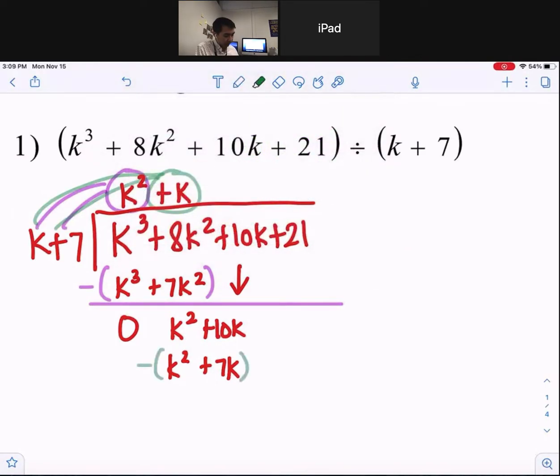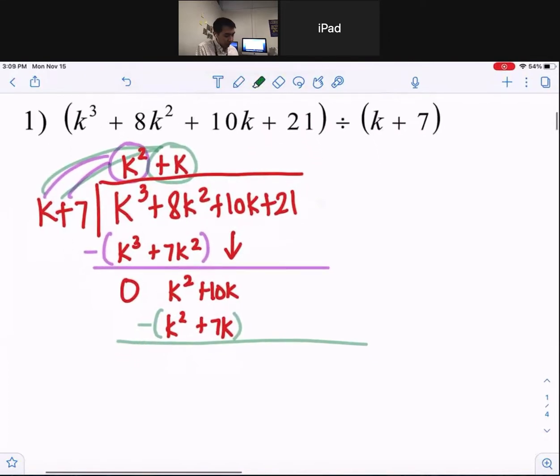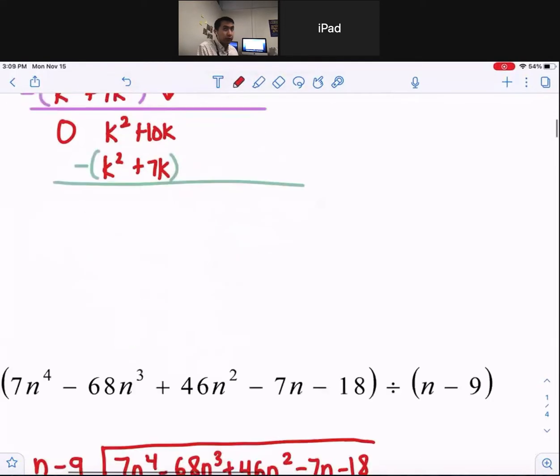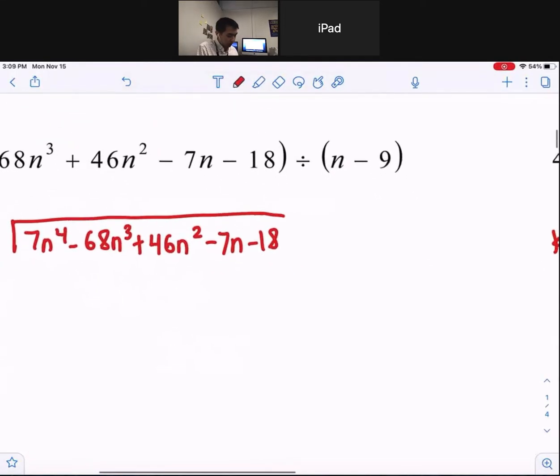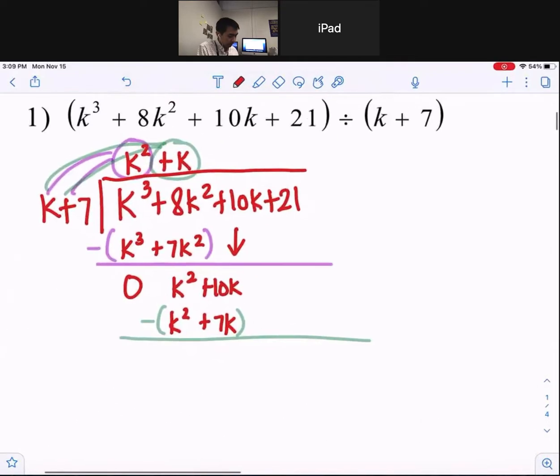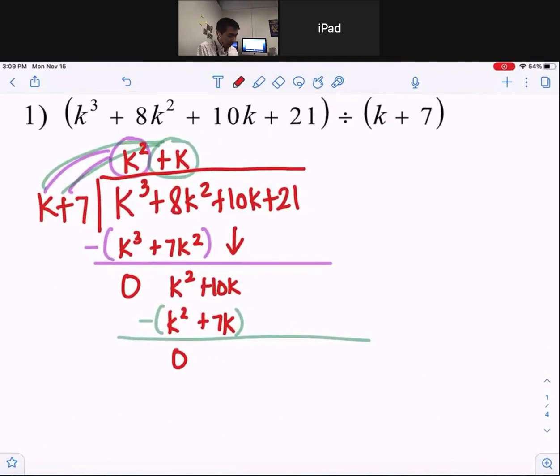Subtract. So once you subtract, you're going to get k squared minus k squared, which is 0. 10k minus 7k, that is 3k. Drop the 21 down, and again, repeat the process all over again.